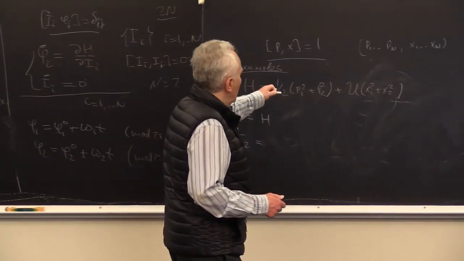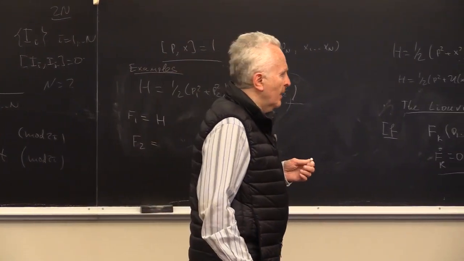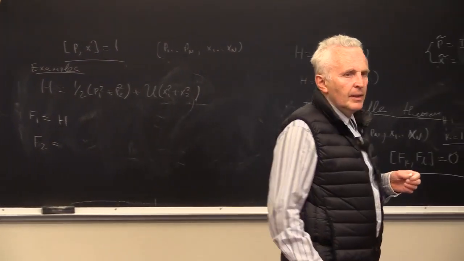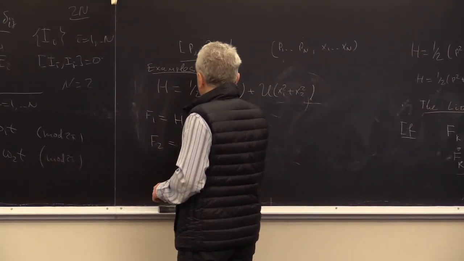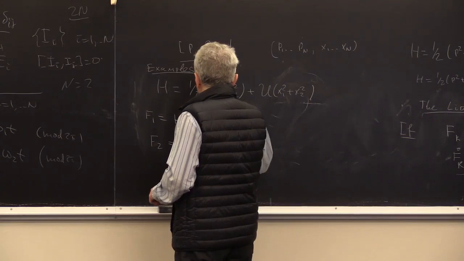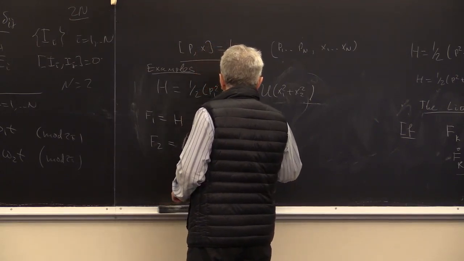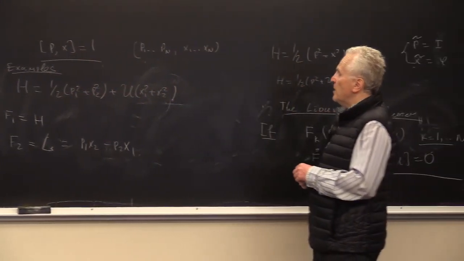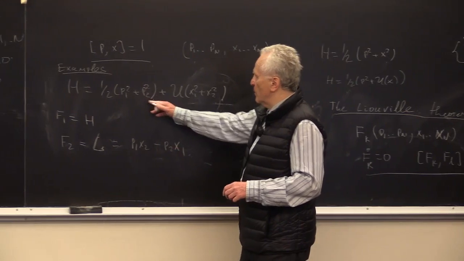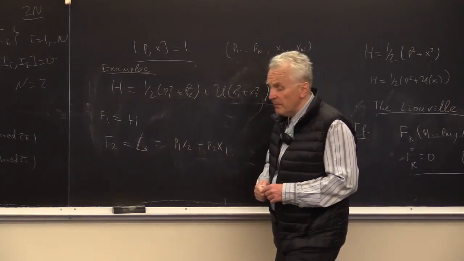What kind of symmetries, as conserved quantities, do we have here? You want things like angular momentum? Yes, I want things like angular momentum, which we called L, and which is P1 x2 minus P2 x1. It's conserved, of course, because of rotational symmetry.